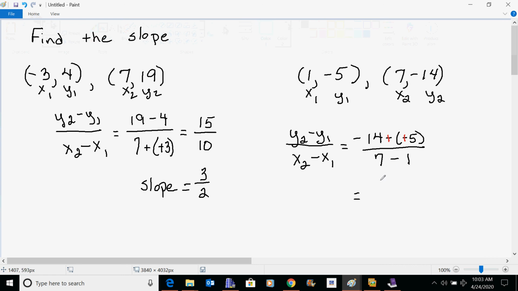Negative 14 plus 5 gives you negative 9, right? 7 minus 1 gives you 6. This can reduce because numerator and denominator are both divisible by 3. And this gives us our slope. Negative 3 halves. Okay, 3 halves and negative 3 halves are two different things. 3 halves, positive means up this way, negative means down this way.